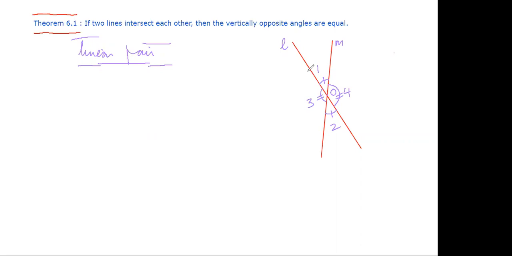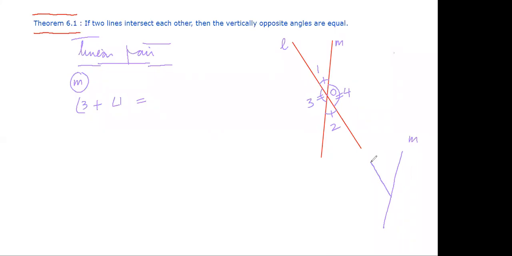So, how? Now you take line M, or you can take line L also. If you take line M, you see, students, angle 3 plus angle 1. Angle 3 and angle 1 are a linear pair because they are on a straight line M. So let's say this is a ray on this.